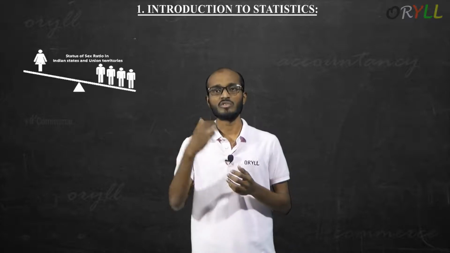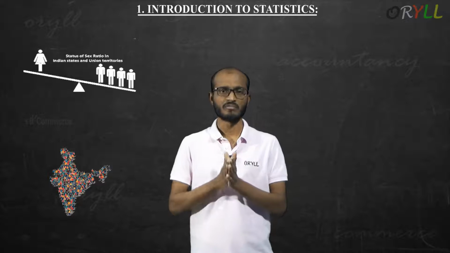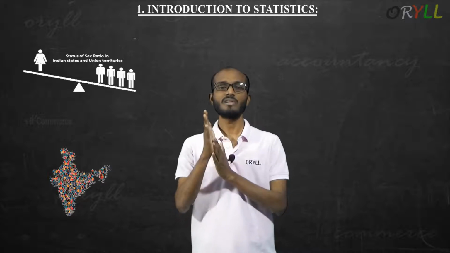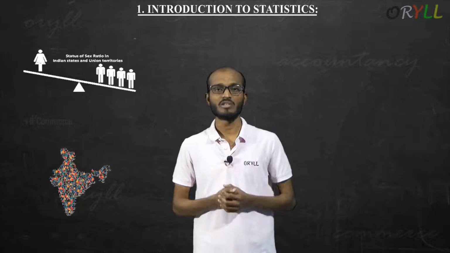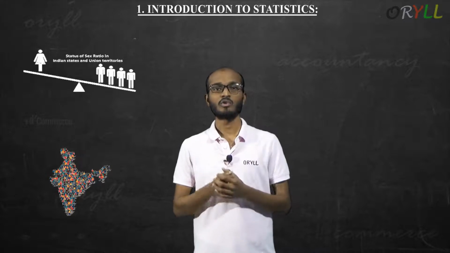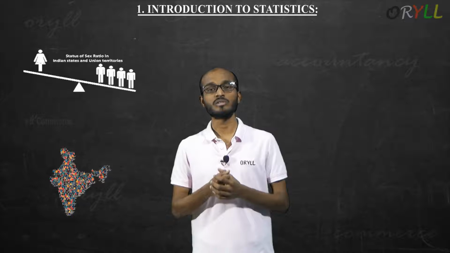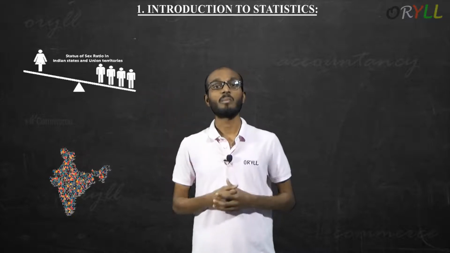Or even more, if you see population density. What do you mean by population density? We'll see with an example now. Generally, the total population of India is more than 1 billion, we know now. According to the statistical calculations, we are about to say that by 2060, we are going to cross the population of China.